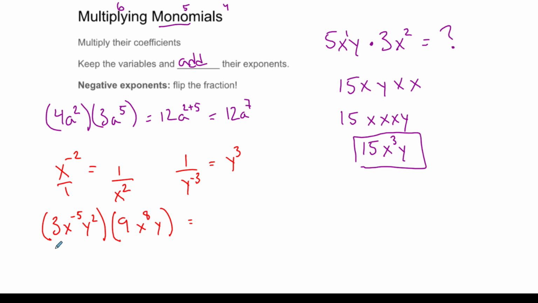So I'm going to multiply my coefficients. 3 times 9. Now I could think of adding these exponents like this. Negative 5 plus 8. Remember, this is a 1 right here. In this case, negative 5 plus 8 is positive, so we end up with a positive result.